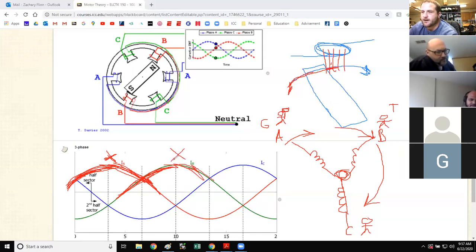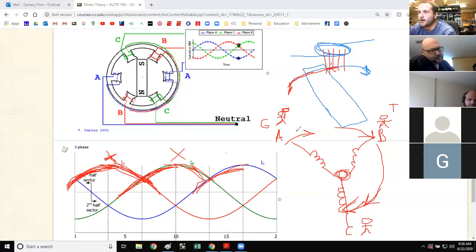Tyler just hit his thing with a hammer, and it's going away from him. Now we're starting to approach Justin. Okay, then as we get to the peak of Justin's current right here, he's going to hit it with a hammer. So A, B, C, A, B, C, A, B, C, 60 times a second, you guys are pulling and pushing on this motor shaft.